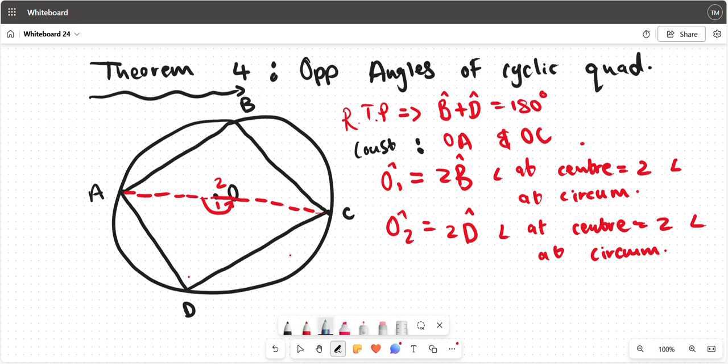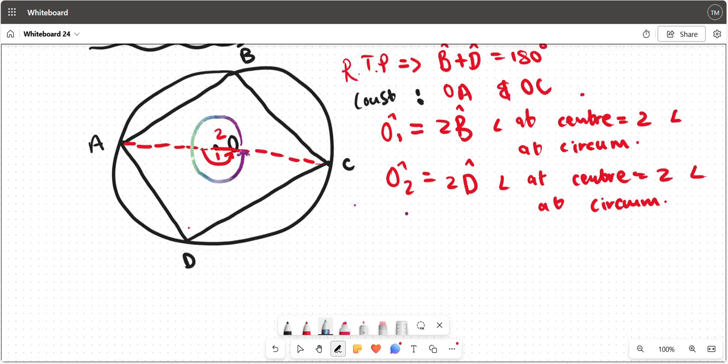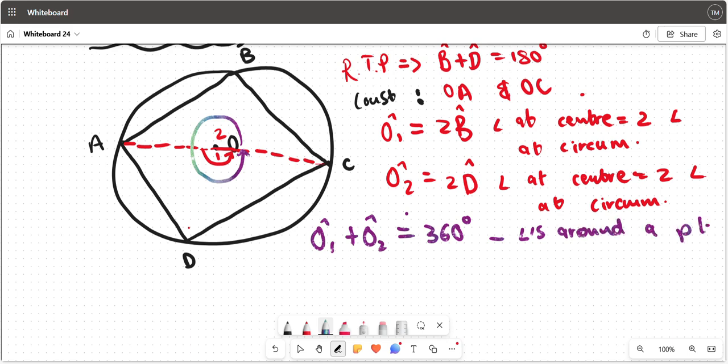Then what I notice is happening here is that I have a revolution. So if I have a revolution, that means that O1 plus O2 are going to add to 360 degrees, right? And what am I using for this? This is angles around a point. So that's my reason there.